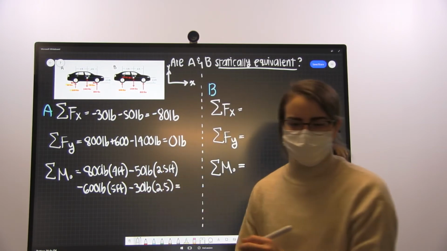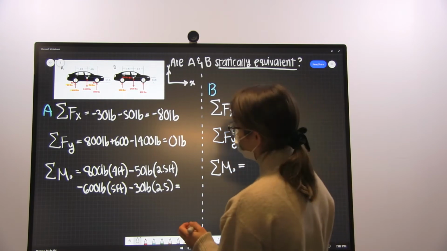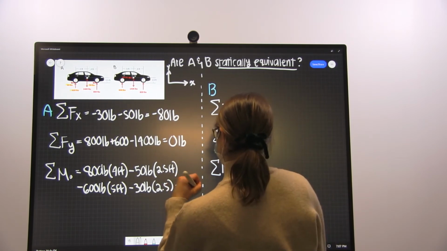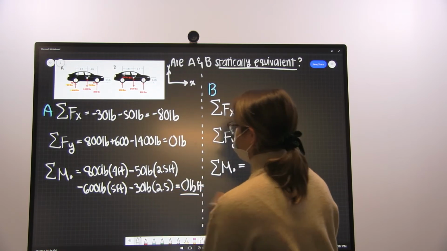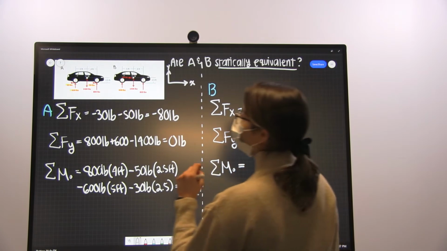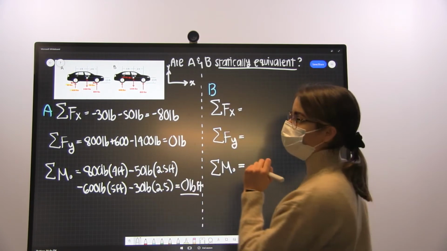And that is going to give us a moment of 0 pound-feet.